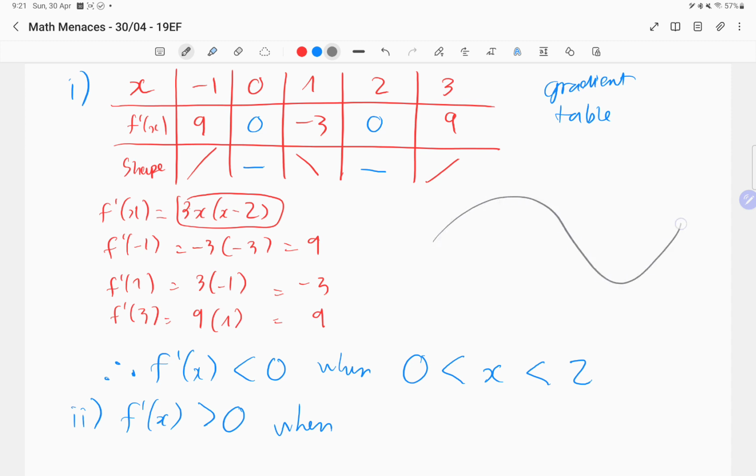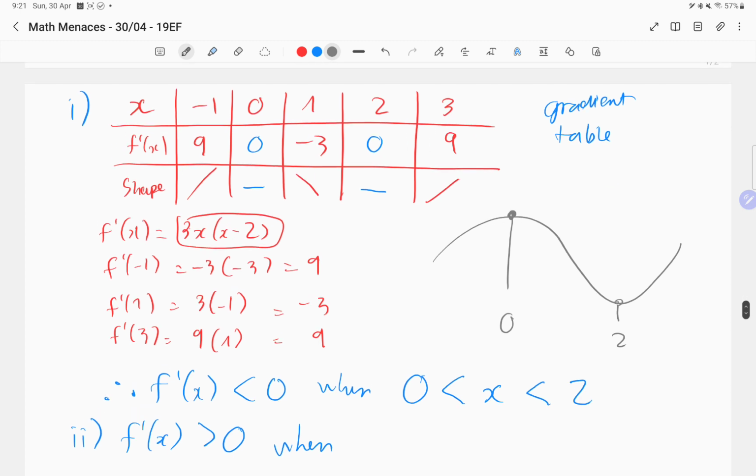Imagine the shape looks something like that, roughly. At this point x equals 0, and at this point x equals 2. I'll write 0 and 2 here, and you can just read the graph from this point. Hopefully that helps. So the derivative is more than 0, aka the graph is coming up here and here. So how would you read the region here?